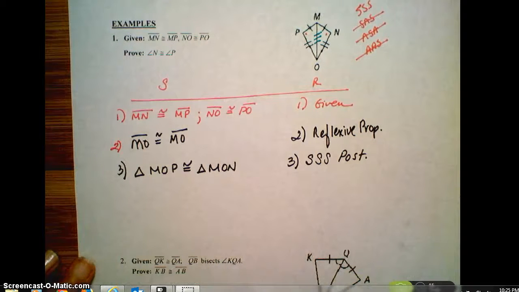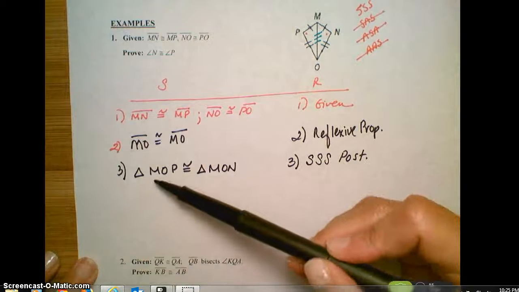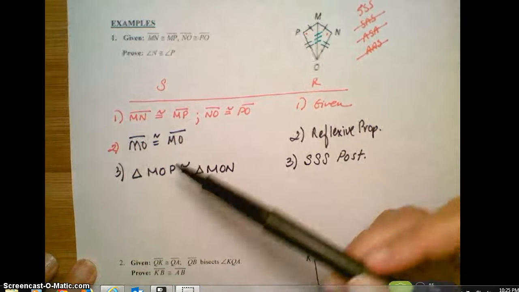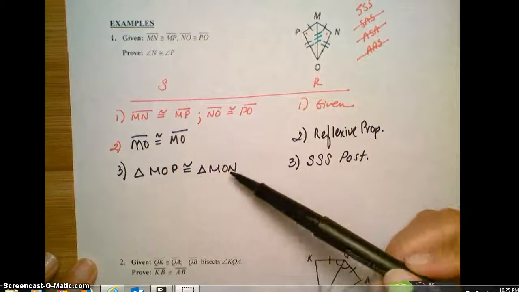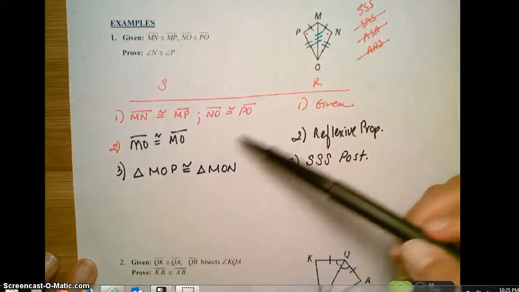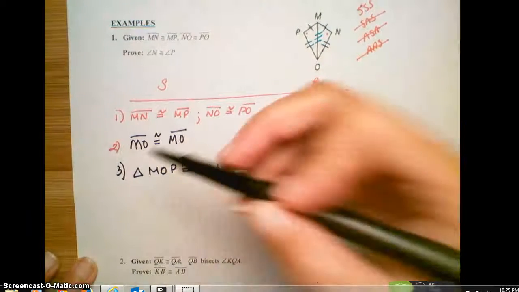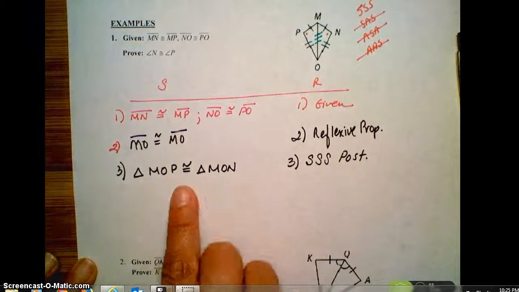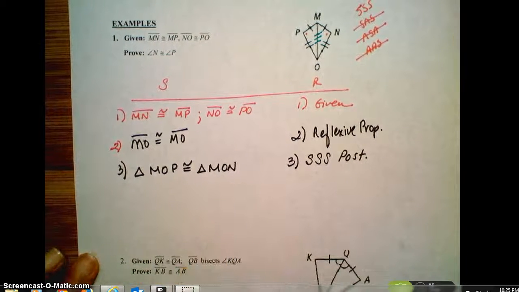Okay, here's one version of the congruent statement. I chose to write MOP and MON. You could have had POM, NOM. Okay, again, remember, you can switch up as long as your correspondences are correct, that M goes with M, O goes with O, and P goes with N.